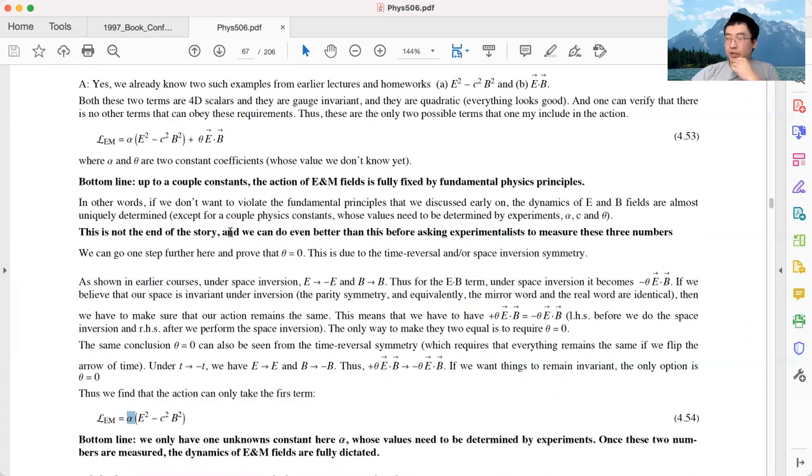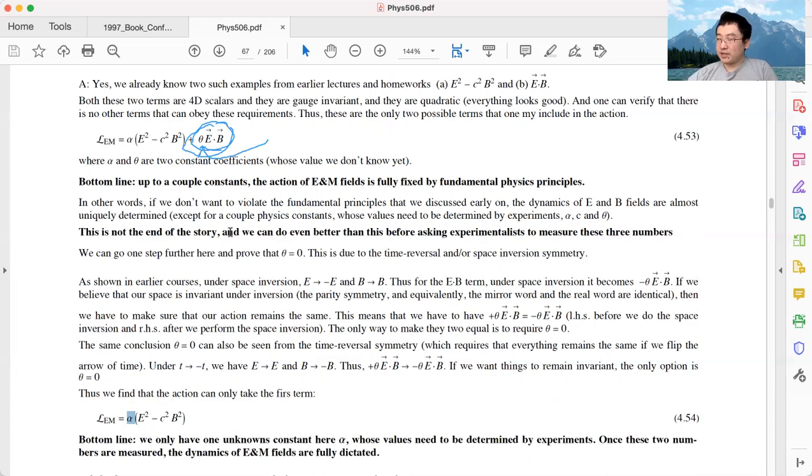Here I do want to mention one small point about this theta term. For some of you who are familiar with beyond standard models, you may recognize that this term is actually one of the proposed terms for beyond standard models. And there, theta is not a constant. This is the so-called axion field.